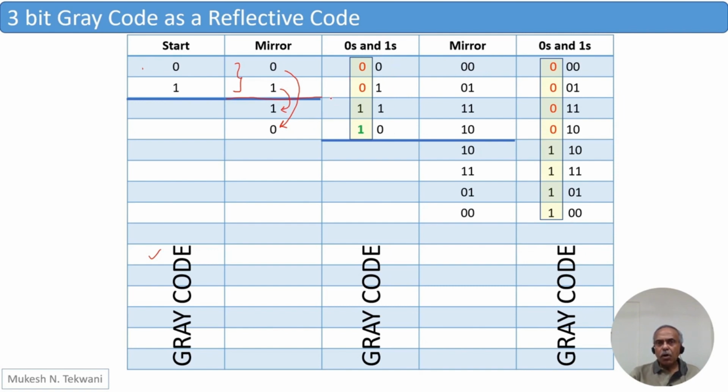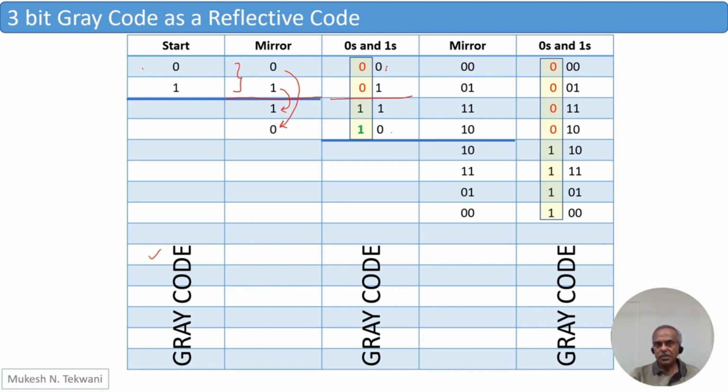In front of the pattern which was in front of the mirror, so we have 0 1, we'll append a 0. So 0 0. So this 0 0 gets appended to the part which is in front of the mirror, and coming to the part which is the mirror image, the 1 and the 0, we append this with 1 1, and therefore our gray code becomes 00 01.